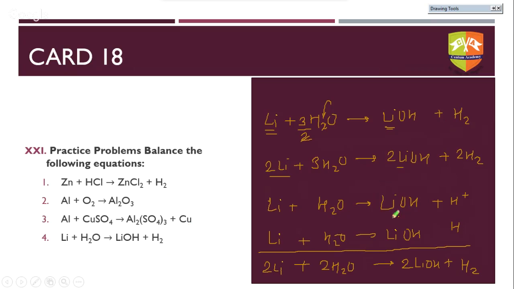So I know that when LiOH is formed, it will give out a hydrogen, and I need 2 hydrogens to make one H2. So this is another way to do it by a trial and error method. There are multiple ways that you can balance a chemical reaction, and as you balance these reactions, you'll realize that this is also a skill that you will need to develop.